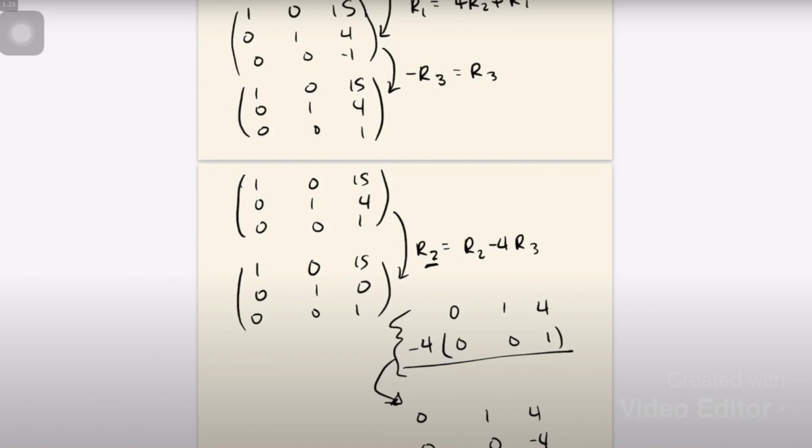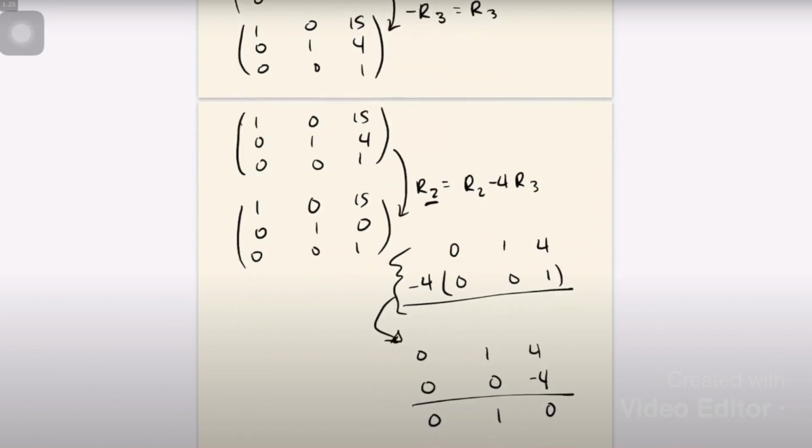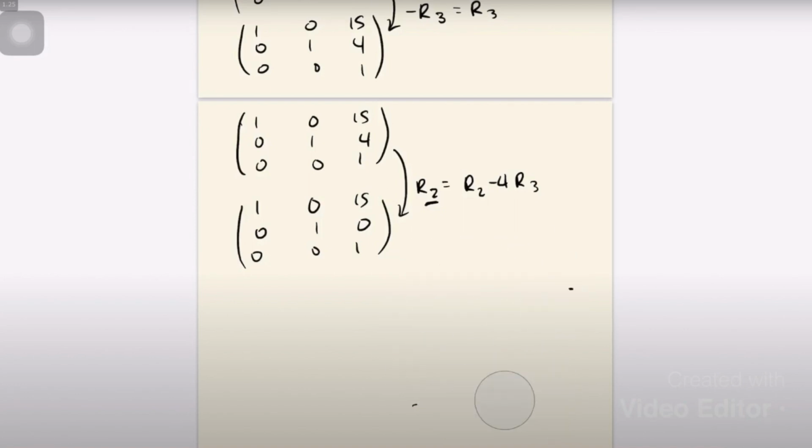Okay, now we see we only need to target 15 in the first row. So let's erase this work here. Okay, so we can use a very similar step as last one. So, excuse me, row 1 will be equal to row 1 minus 15 times row 3, right? So row 2 and 3 remain the same, only row 1 changes.